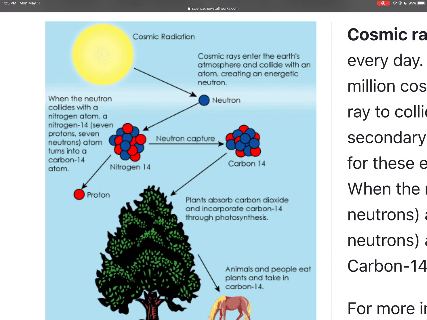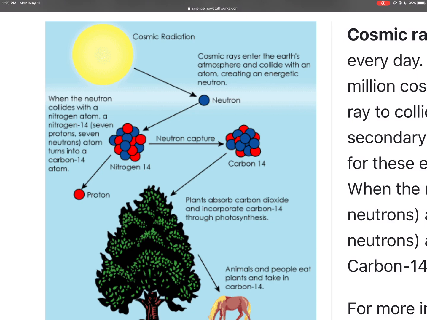And if that neutron were to end up in nitrogen, nitrogen becomes a little heavier. It becomes nitrogen 14. There's a collision, and it's so energetic that it actually popped a proton out. You can see that proton going off to the side.